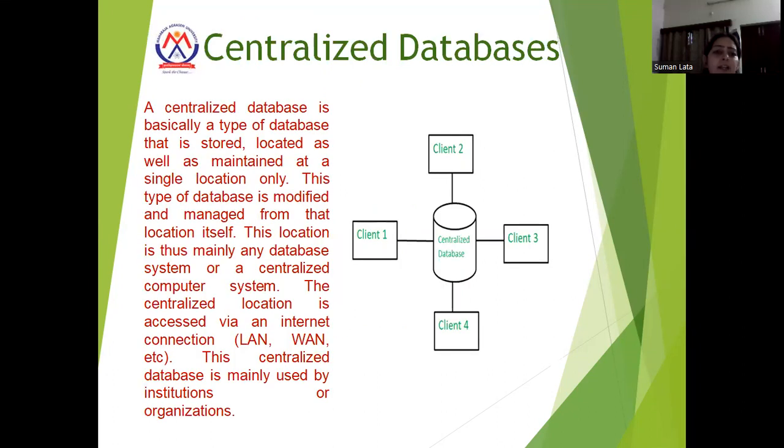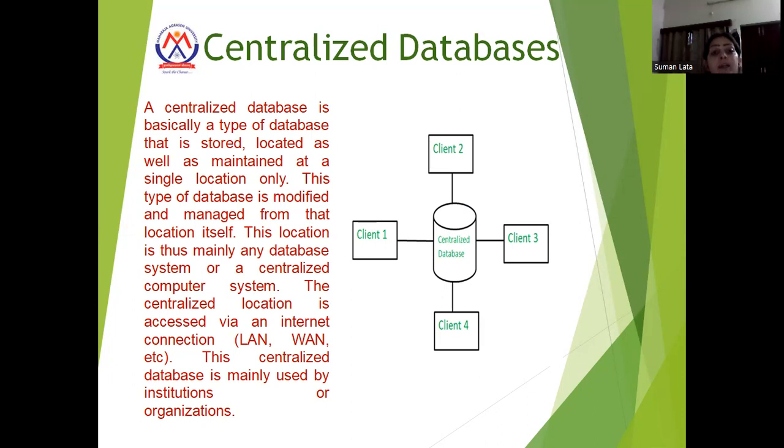Next is centralized databases. A centralized database is basically a type of database, as the diagram shows: a centralized database is there, and client 1, client 2, client 3, client 4 are able to access it. A centralized database is stored, located, and maintained at a single location only.